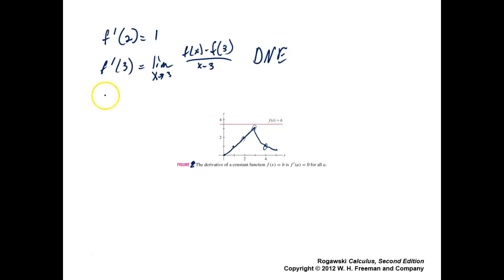Okay? F prime of 4. Now, without giving you much better information, it's kind of hard to see. But notice they drew that in. Now, their picture is a lot prettier than mine.